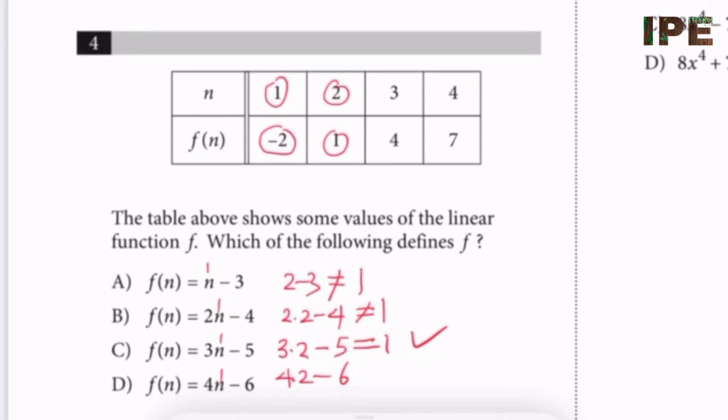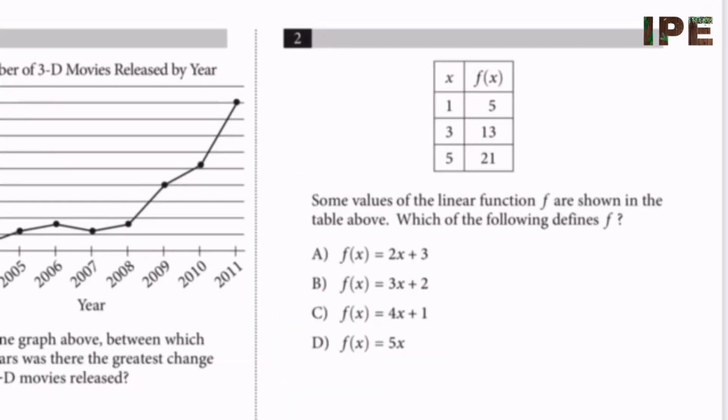When n is 2, the f value must be positive 1, so it is not 1. So only C satisfies all these points. When you plug in 1, 2, 3, 4 for n, the value of f(n) should be negative 2, 1, 4, 7. Only C satisfies all these points. So answer is C.